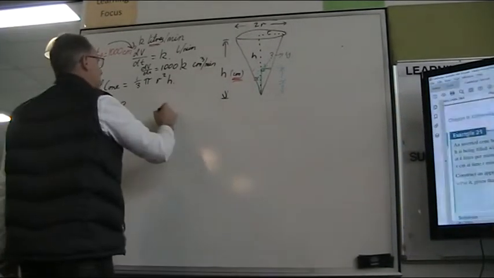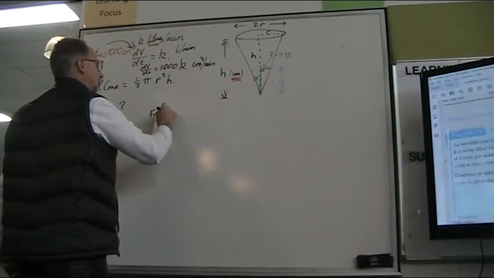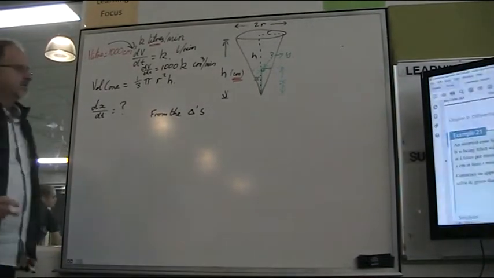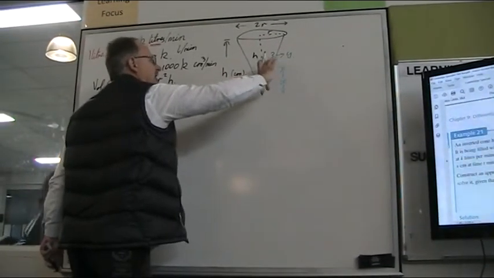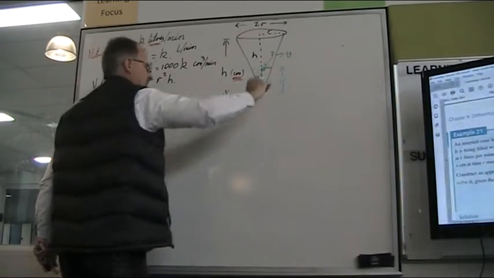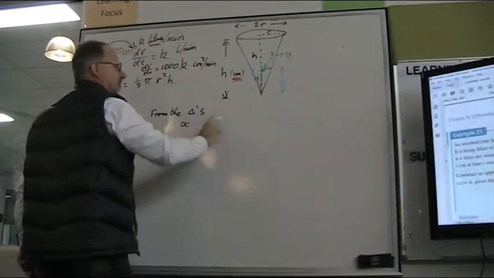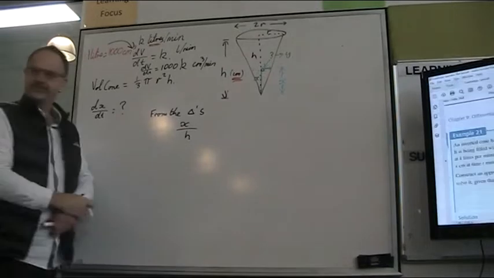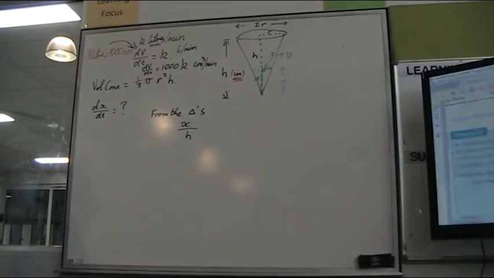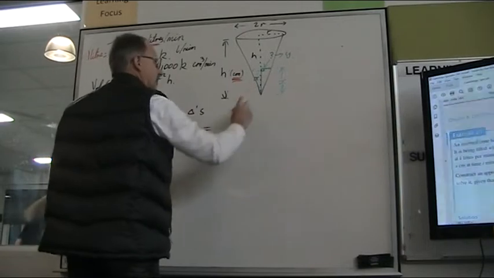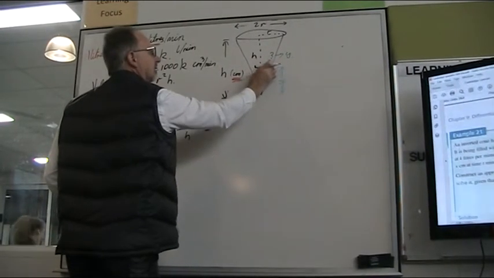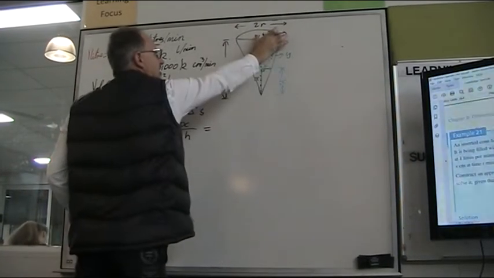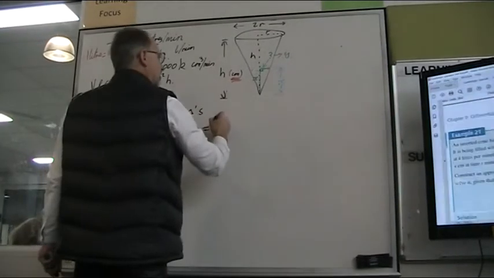So from our triangles, the ratio of the sides: x, how deep it's filled compared to the whole depth of our cone, and the ratio of the radius of this circle where it's filled up to, have got to be the same because they're similar triangles.